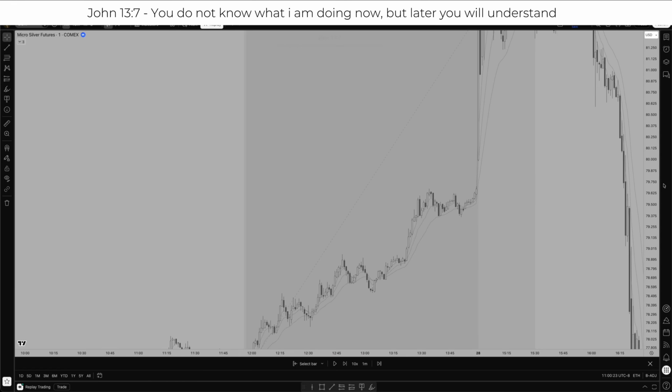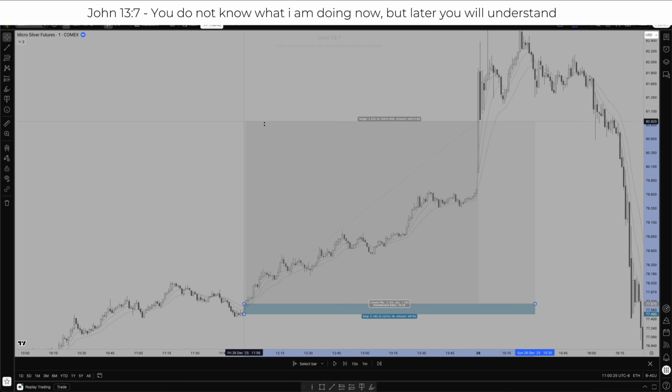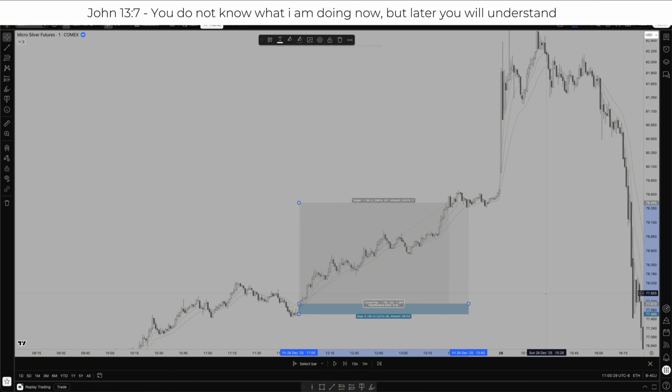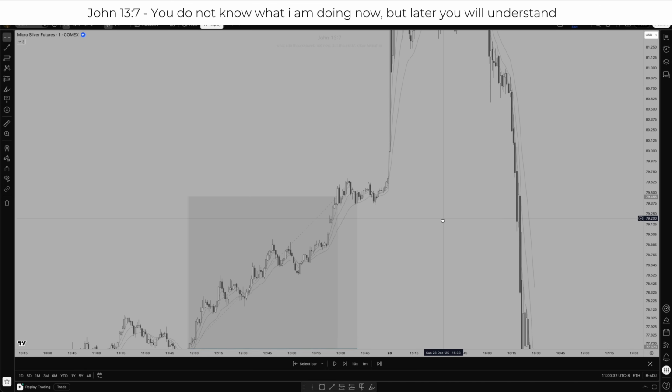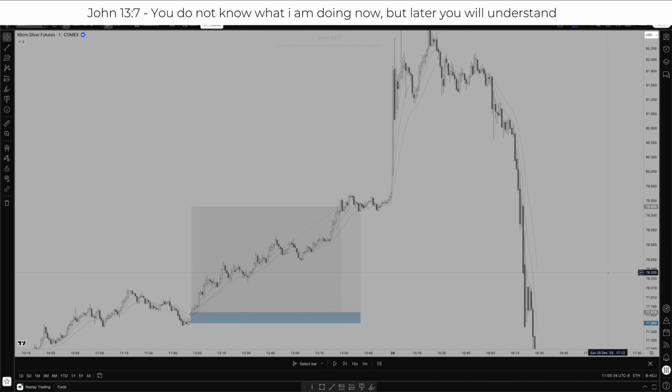So following the swing, I'd be taken out right there for 9 RR. That's still absolutely amazing. What if I just did a partial TP following the pauses, and then have my stop loss under? Oh, that would be crazy as well.